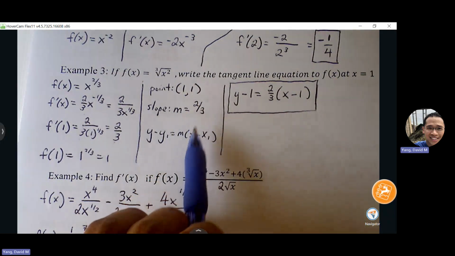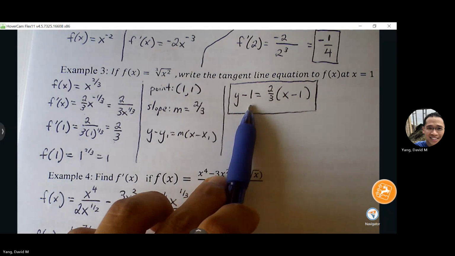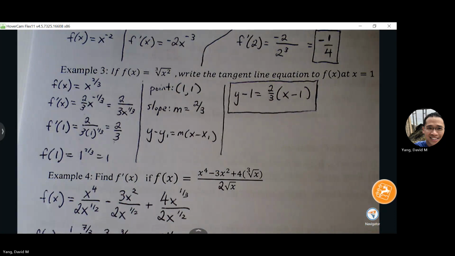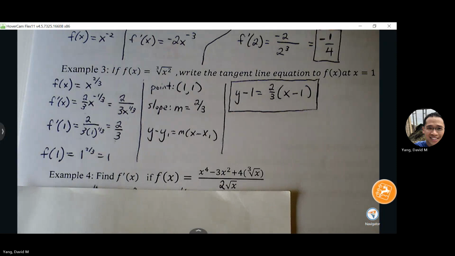My slope is 2/3, point slope form. Any questions with 3?